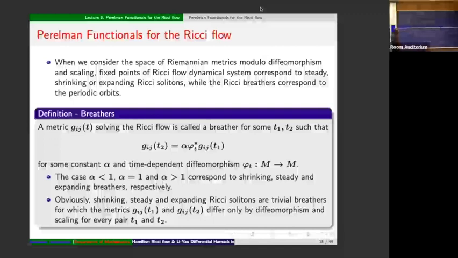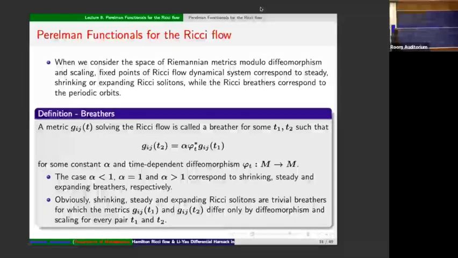Let me say that again. A metric g(t), if it is a solution of Ricci flow, will be called a breather if for some t1 and t2 you have g(t2) equals alpha, which is a scale factor, times phi_t star, the pullback of the metric g(t1).